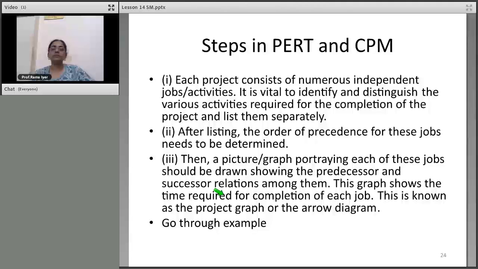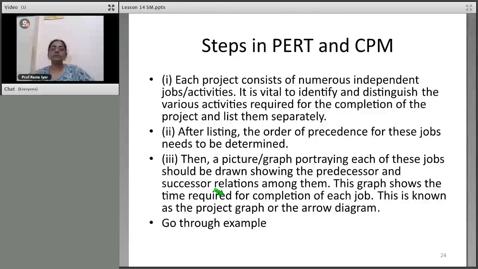Steps in PERT and CPM. Each project consists of numerous independent jobs and activities, right? So what they are saying is it's vital to identify and distinguish the various activities required for completion of the project.